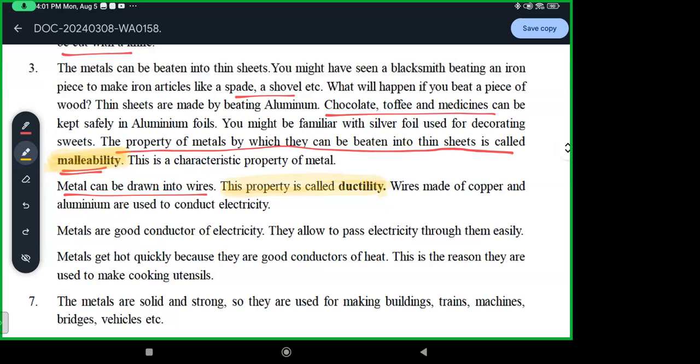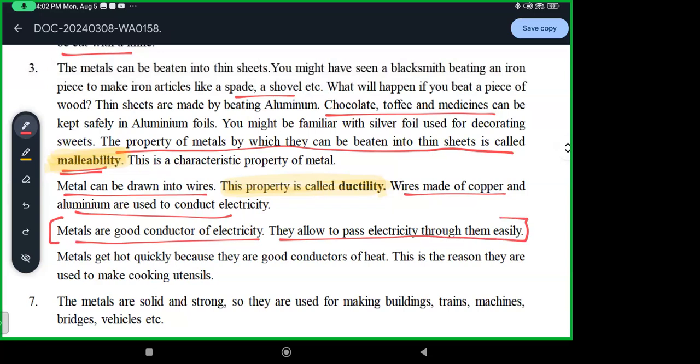Wires made of copper and aluminium are used to conduct electricity, because metals are good conductors of electricity. This is why the wires that we use are mostly made of metal: they allow electricity to pass through them easily.